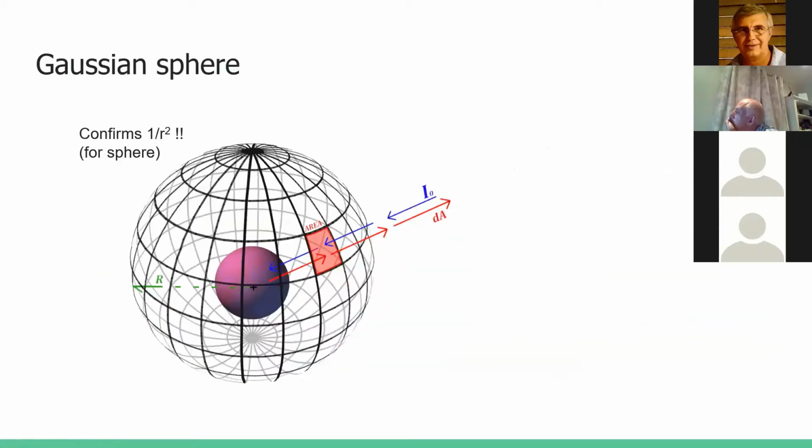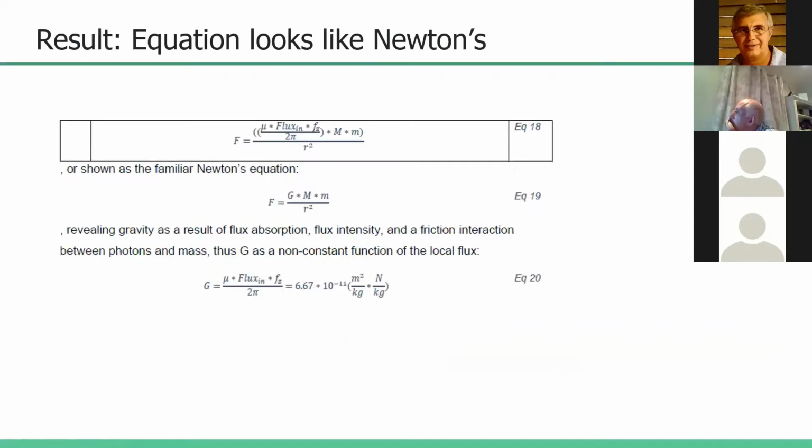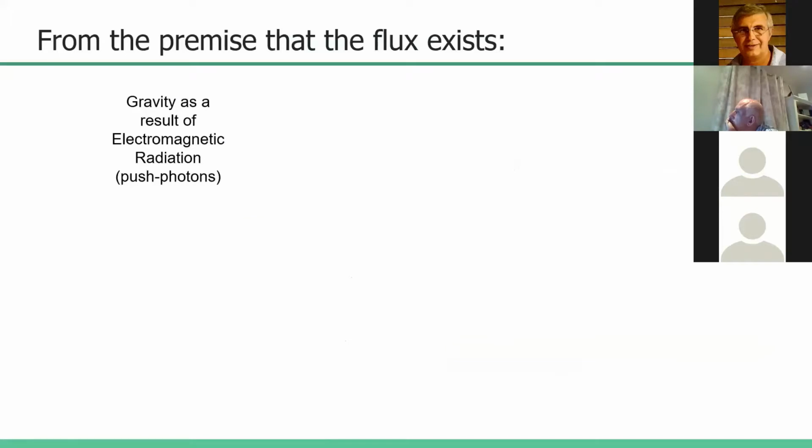Back to the premise. What we have shown so far, we've shown that gravity can exist as a result of electromagnetic radiation. Push photons, push gravity, whatever you want to call that. As short as my talk may be, the paper does explain it in more detail.